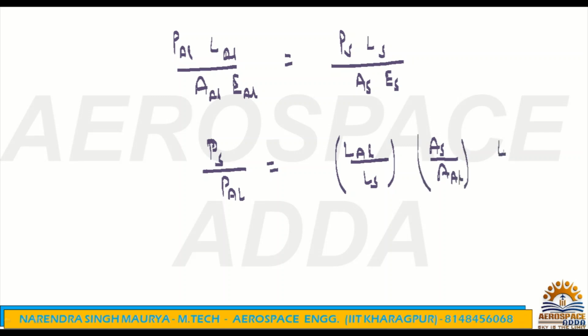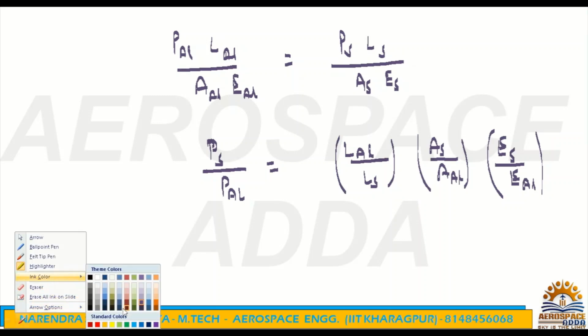Then Young's modulus of steel divided by Young's modulus of aluminum. This is the ratio now. Check it: P_S by P_AL is nothing but L by L, area A_S by A_L, E_S by E_L, correct. Now keep all the values and check.